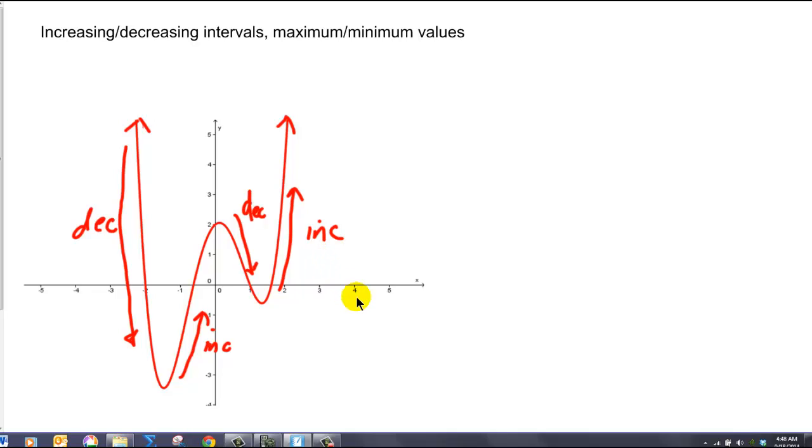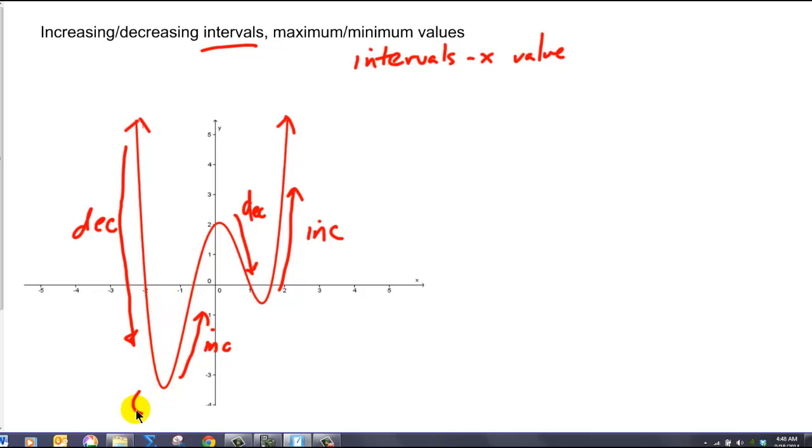Now, if we want to talk intervals of increasing and decreasing, intervals refer to x values. So when we talk about when is the function increasing and decreasing, we talk about over what x values does it increase and decrease. So let's just guesstimate.